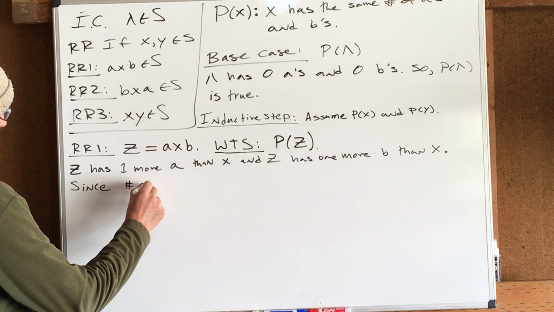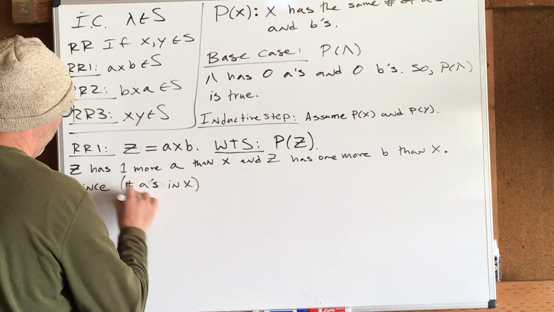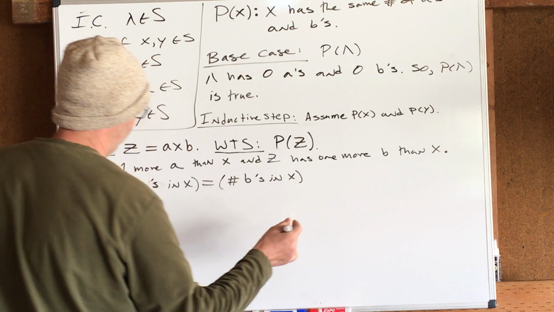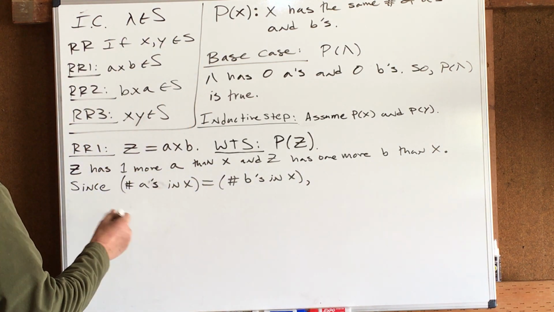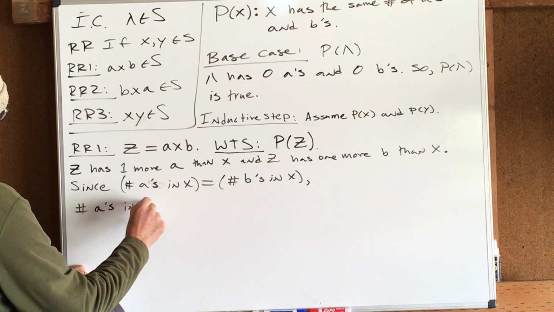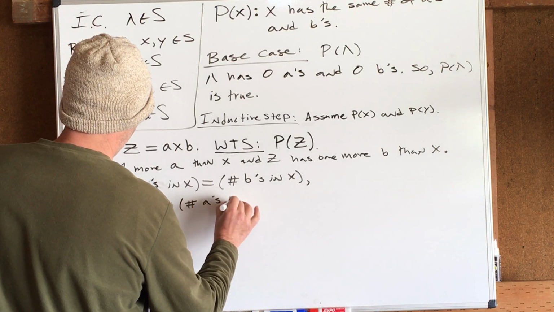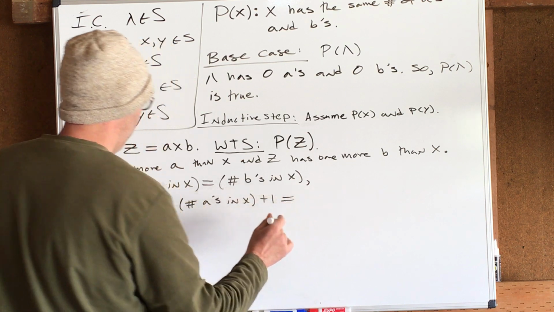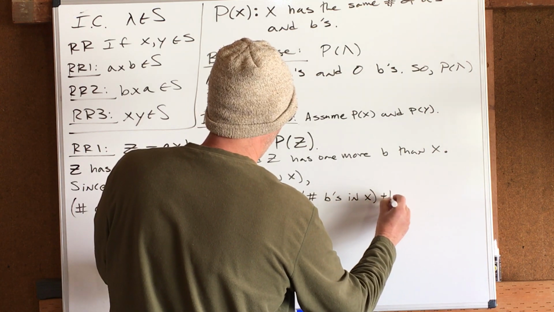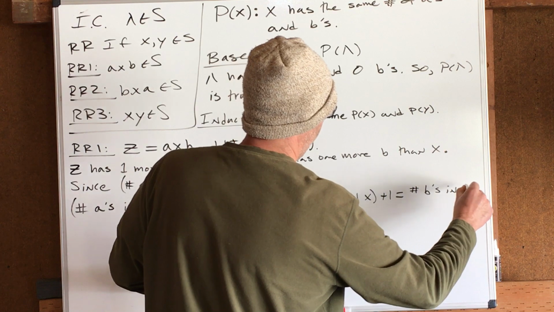Since the number of a's in x is equal to the number of b's in x, the number of a's in z is equal to the number of a's in x plus 1, which equals the number of b's in x plus 1, which equals the number of b's in z.